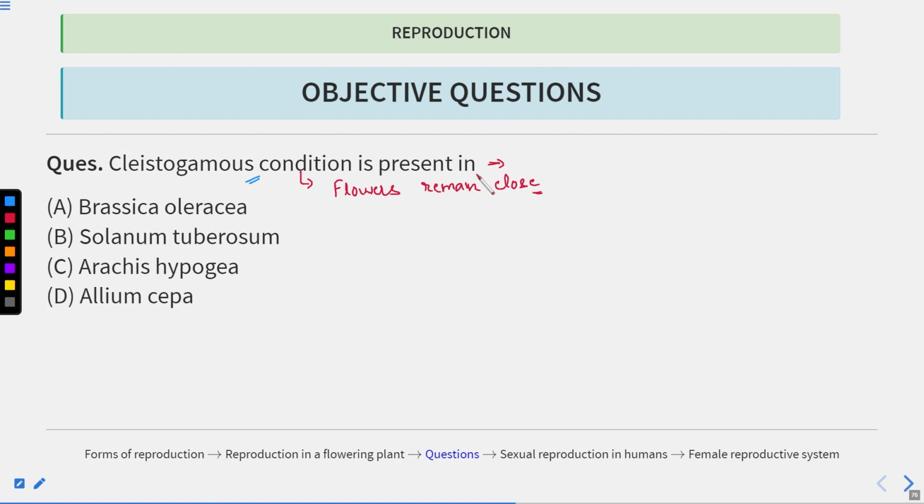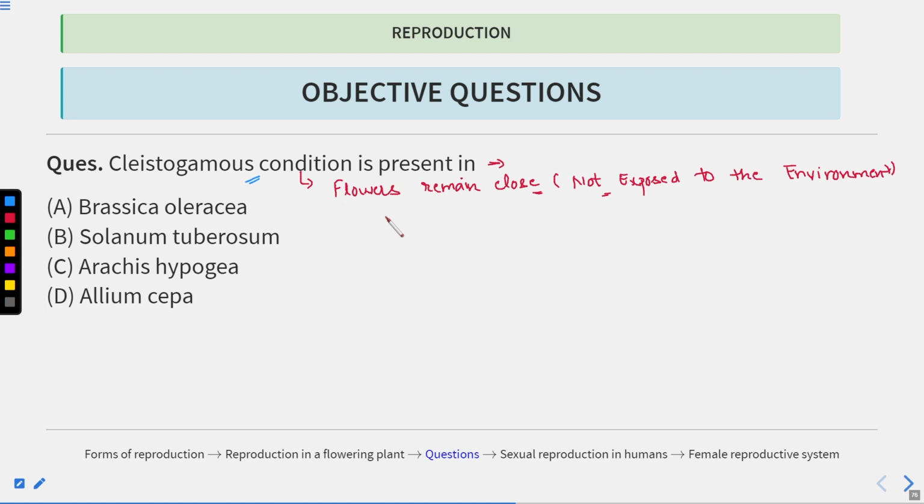If they remain closed, it means the floral parts are not exposed to the external environment. So if they are not exposed to the environment, they are not exposed to the external pollen grains.